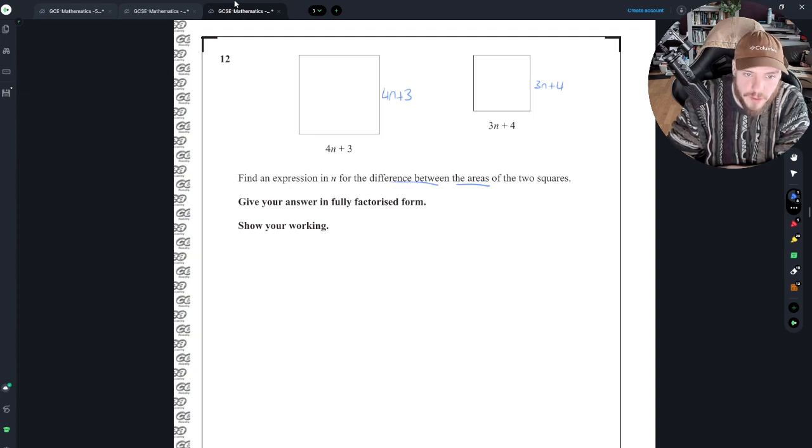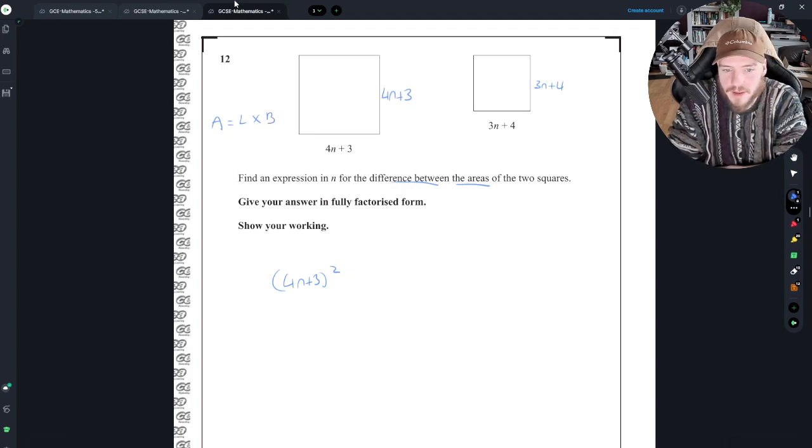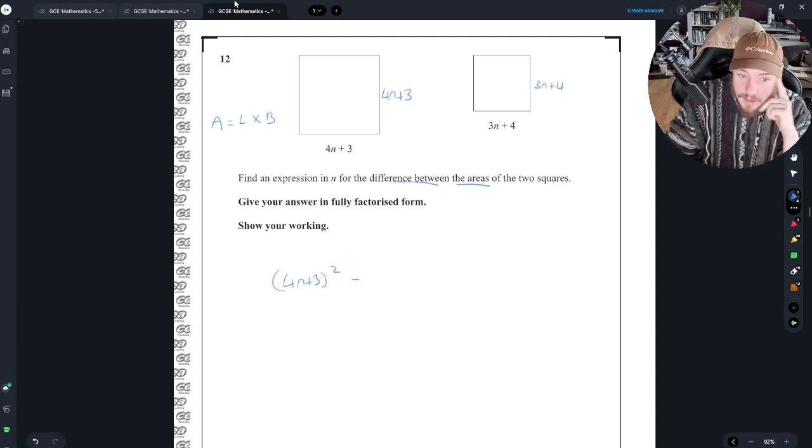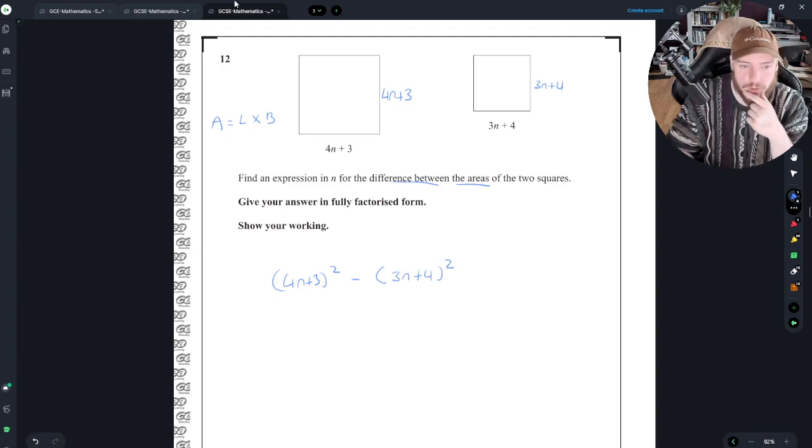So what I would do is I'm going to go 4n plus 3 all squared, because if you're working out the area, it's length by breadth for squares. Length and breadth are the same, so I'm just going to square it, minus the square of our smaller square, which is 3n plus 4 all squared.